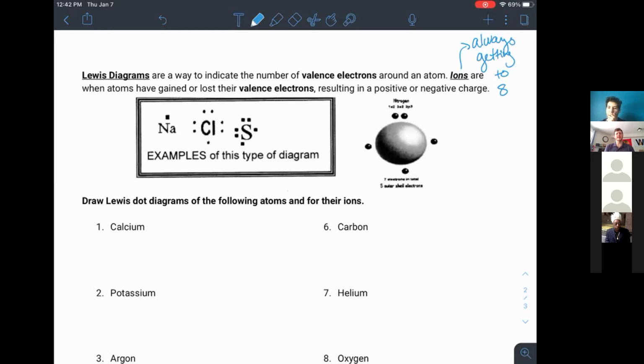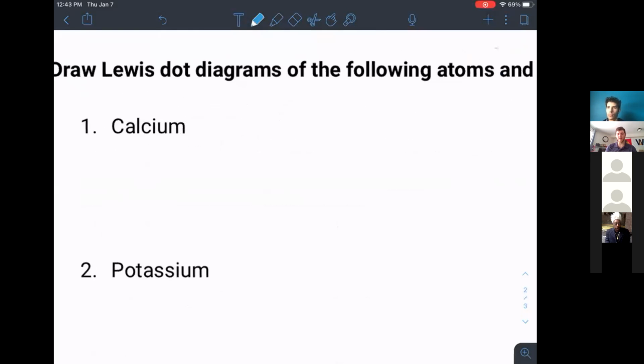So we're going to draw our Lewis dot structures for both the atom and the ion. Calcium, you just told me how many valence electrons calcium had. Can you remind me? Two. It had 2 valence electrons.